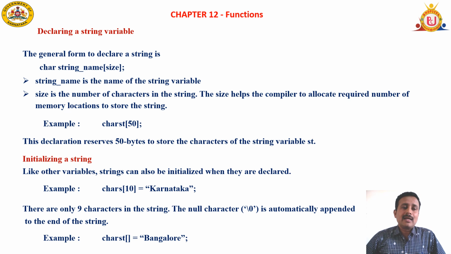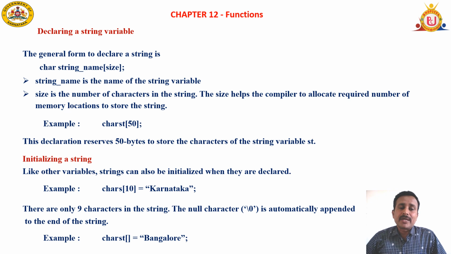For example, char st[50], where st is a variable name and 50 is the size. It reserves 50 bytes of space to accept any string. Then we'll go for initialization. Initializing a string: like any other variable, we can initialize here. char s[10] equal to, within double quotes, we write the characters.